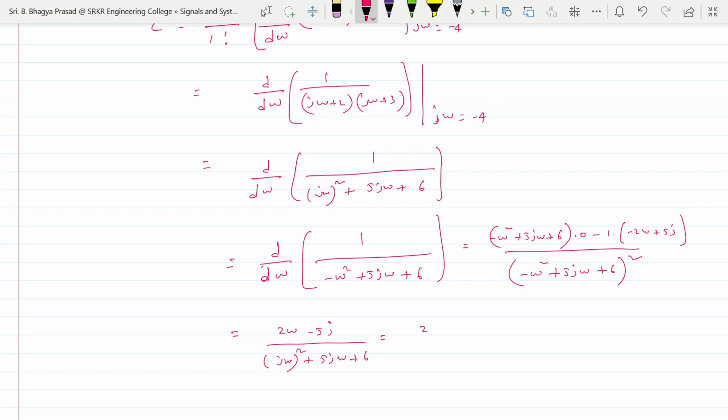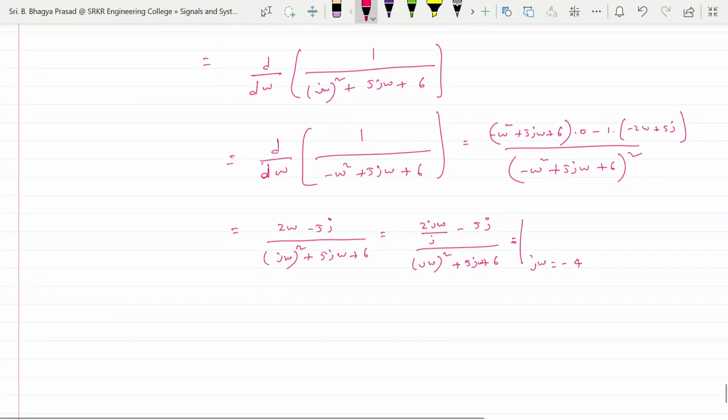This will be substituting j omega equal to minus 4 into 2 by j minus 5j by, j omega is minus 4, 16 minus 20 plus 6.